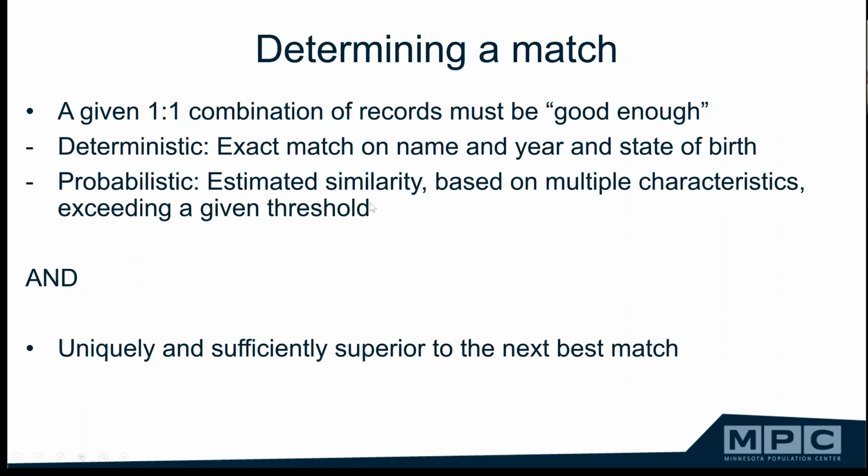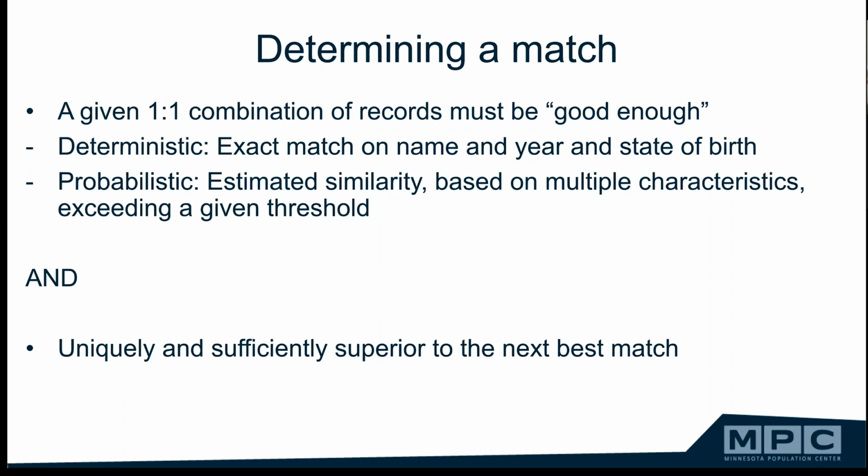So once a universe of potential matches has been defined, each individual is compared to multiple potential matches, right? Based on these blocking criteria.